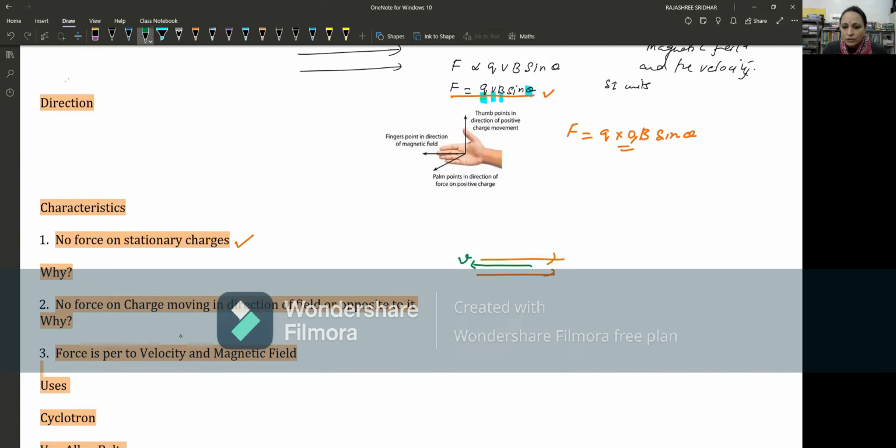This is the direction of the velocity, and this is the charged particle. In that case, what is the angle? Theta is equal to 180, and we know sine 180 is also equal to 0.